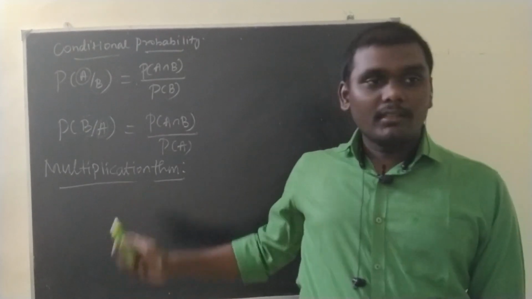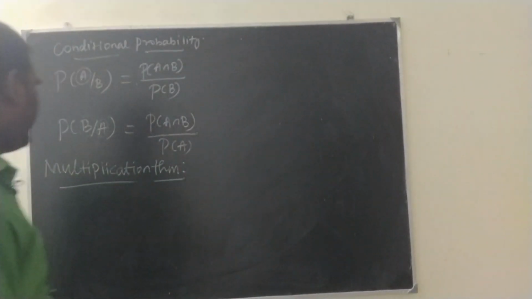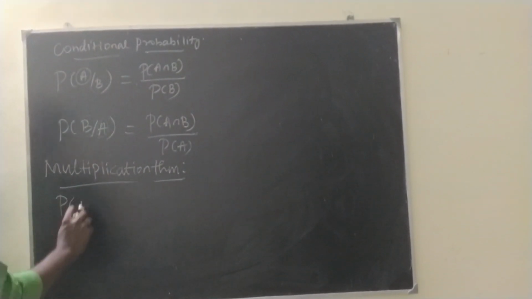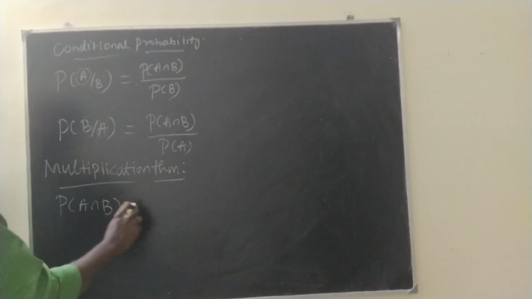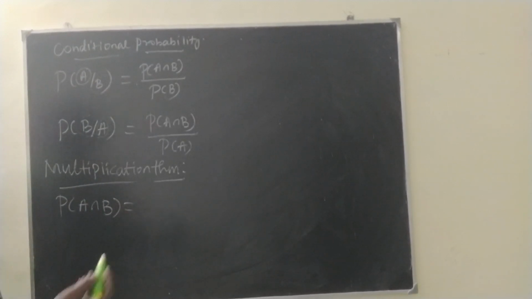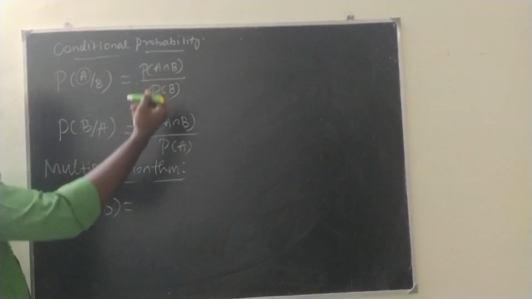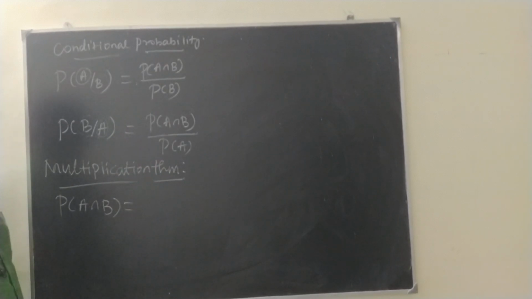Now the multiplication theorem will give you the value of P of A intersection B, which can be obtained from either this condition or this condition.